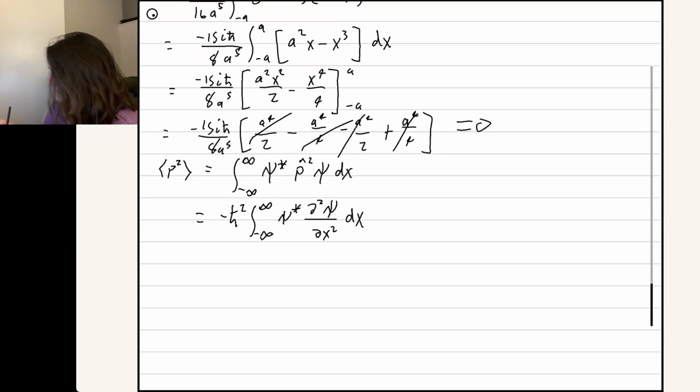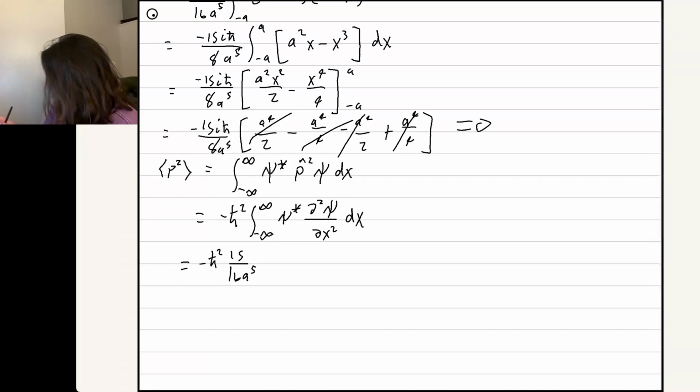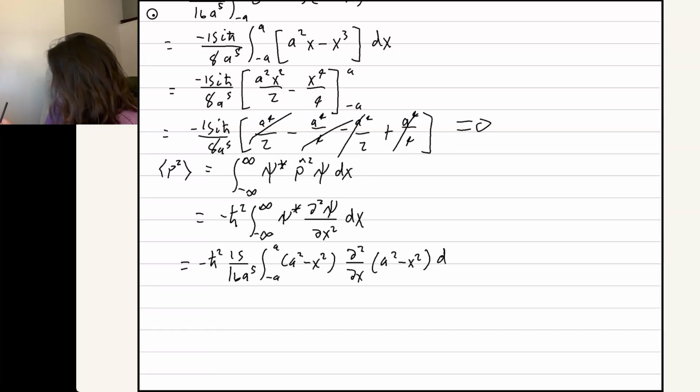So for us, that's minus h bar squared, 15 over 16 a fifth, integral from minus a to a of a squared minus x squared times the second derivative of a squared minus x squared dx.